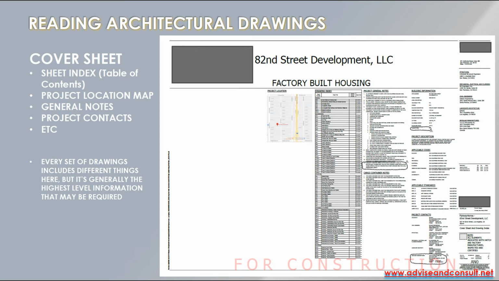So sometimes you have to go backwards from a detail back to a larger scale drawing because you want to see how that detail relates in the larger context. So, for example, here you may see a building section as you did it. Actually, let me go back one more.